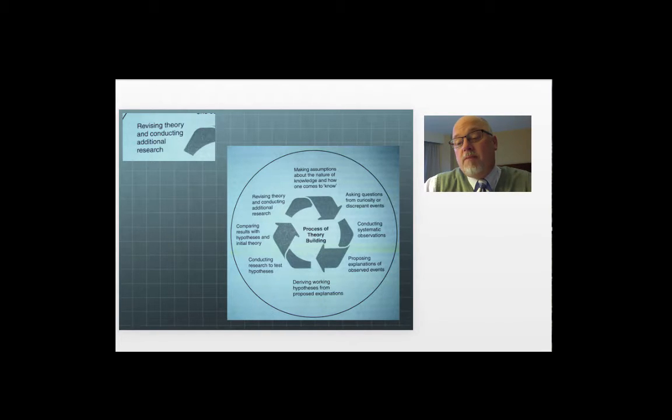But we also then, based on our own research and based on what other people say, have to consider: based on this initial set of evidence, does our theory need revision? Do we need to change something? Do we need to tweak it? Maybe not.